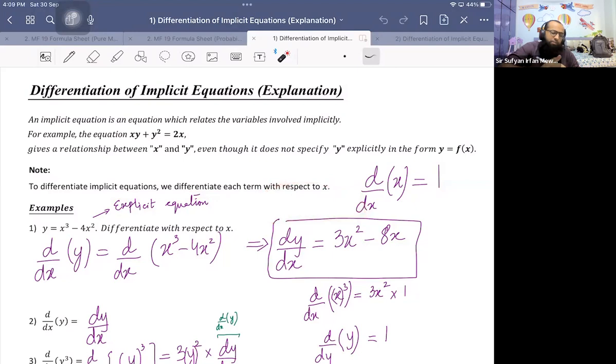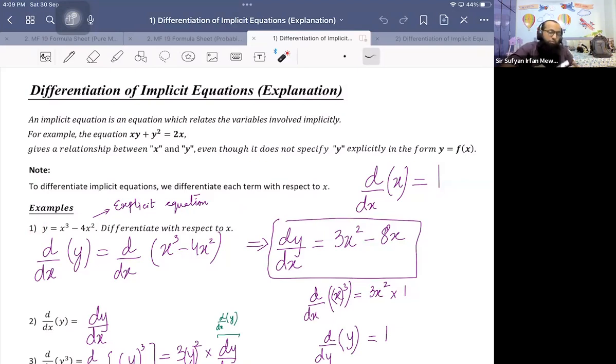But firstly, I'll deal with a very simple explicit equation that we used to deal with in AS level and even in A2. Example number 1 tells us, but I'm going to give you a different perspective here. You will see this equation being differentiated normally, just like we used to do in AS, but I need to give a different perspective.